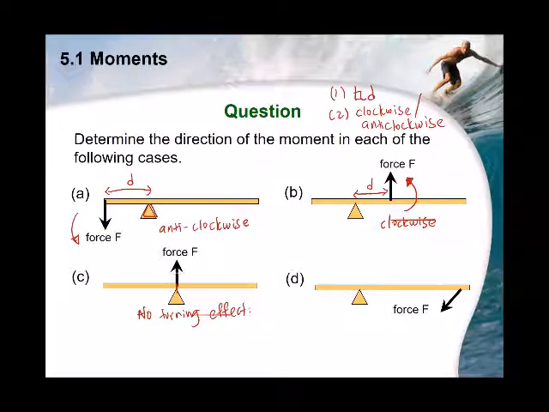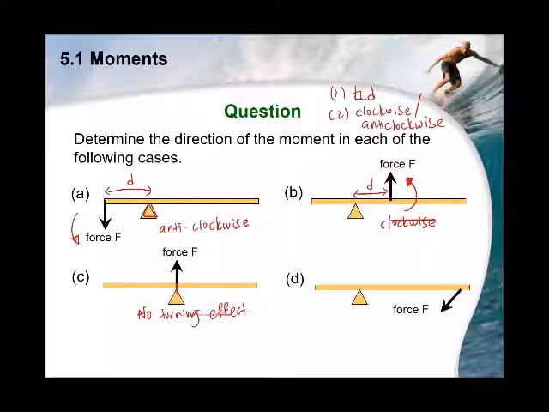If you put the force exactly at the pivot, the object will not turn at all. The object only turns when you have a force multiplied by a perpendicular distance, which gives you a moment, which in turn will cause the object to turn.